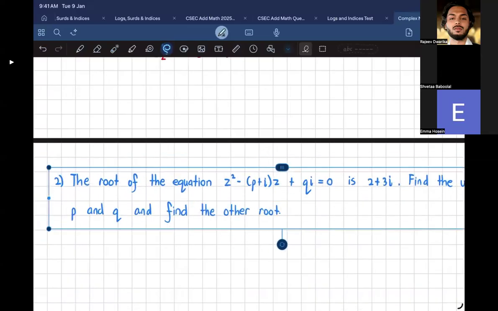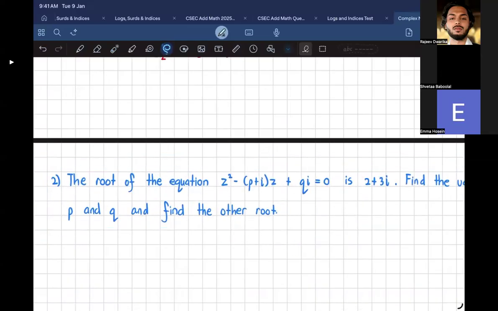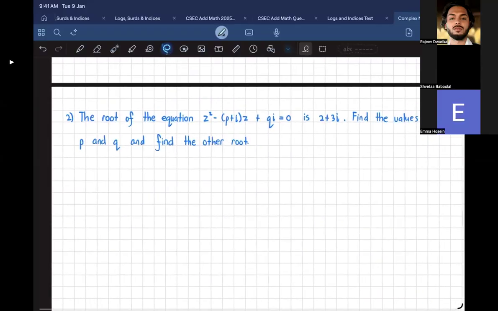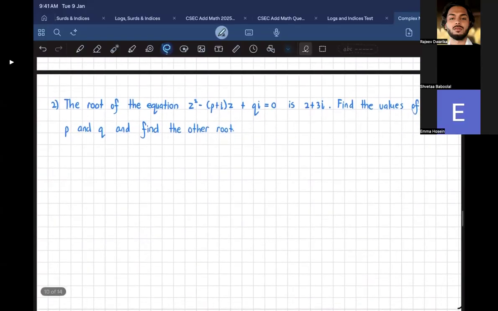Emma said, I think I have a way to do this in my head without having to do the quadratic equation. To find the roots, you'd factorize the quadratic.